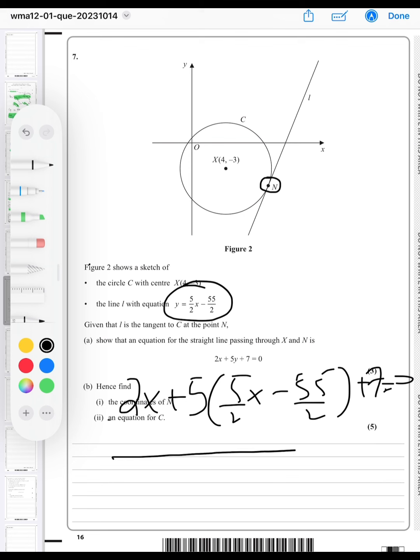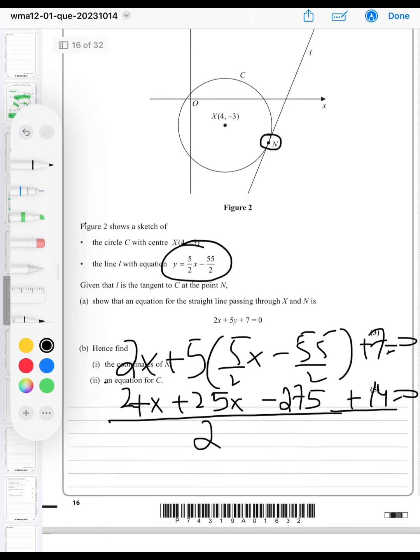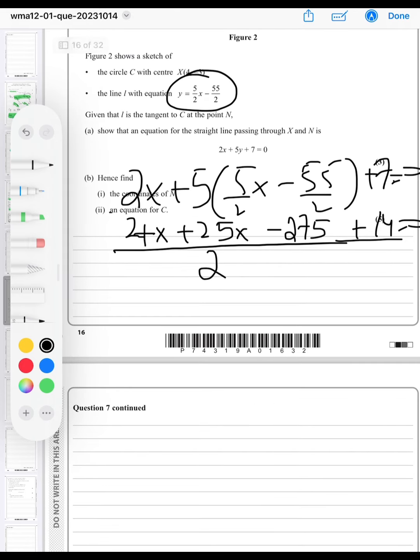Now taking the LCM, 2 is the denominator, so this will turn to 4x plus 25x minus 5 fives are 25, 5 fives are 25. So this will be minus 275 plus 14 equals 0.